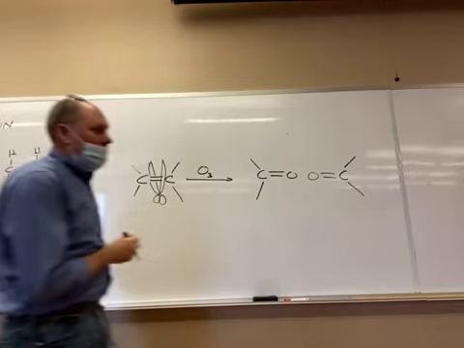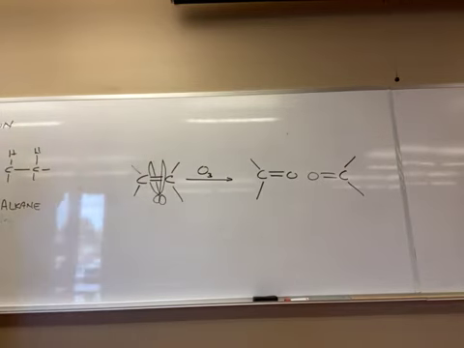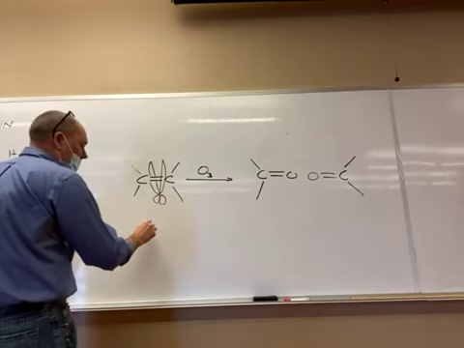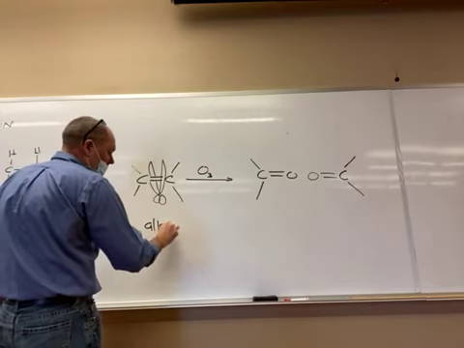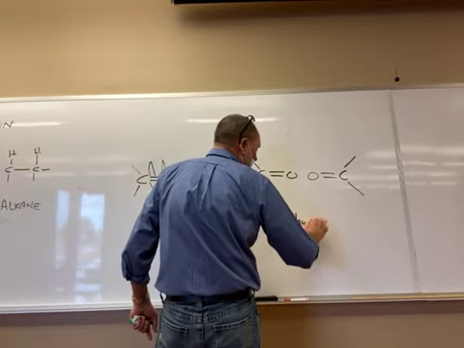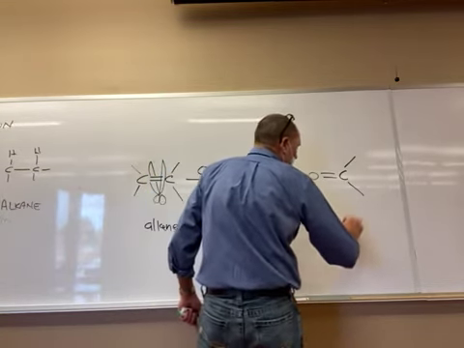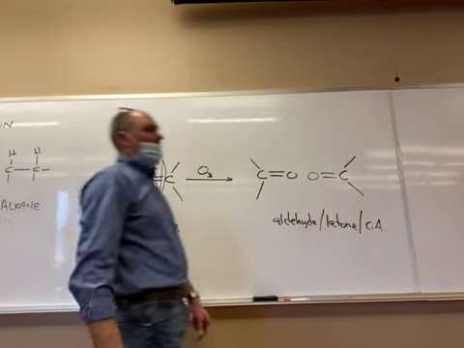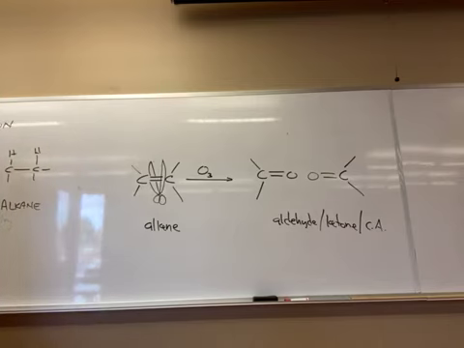Isn't that kind of cool? That's what it does. All right? So depending on what type, if I go from an alkene, I go to an aldehyde, ketone, or carboxylic acid. It depends on what the functional group on there is.